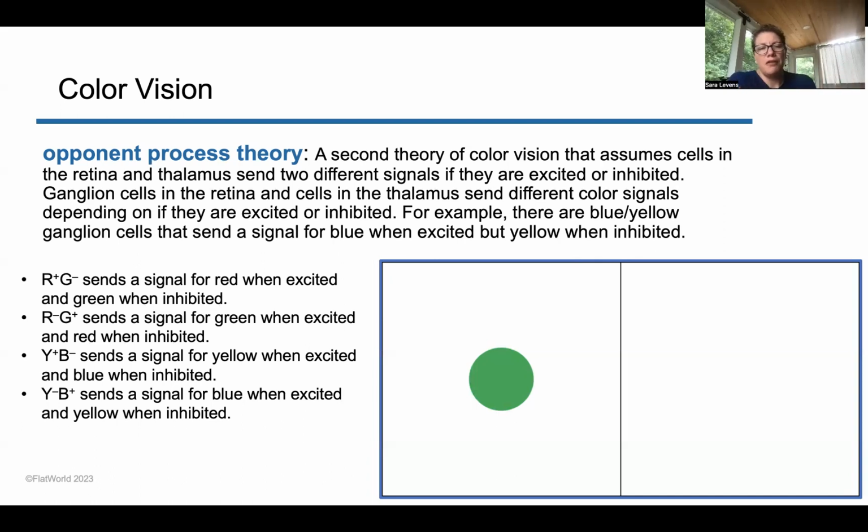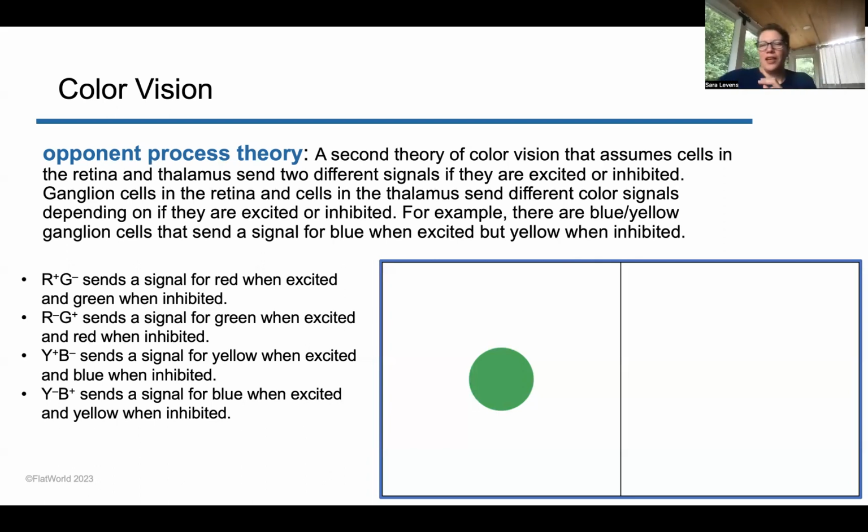The opponent process theory is the second, more recent theory of color vision, and it assumes cells in the retina and the thalamus send two different signals if they are excited or inhibited. So that's the idea that cones can be excited and cones can be inhibited.